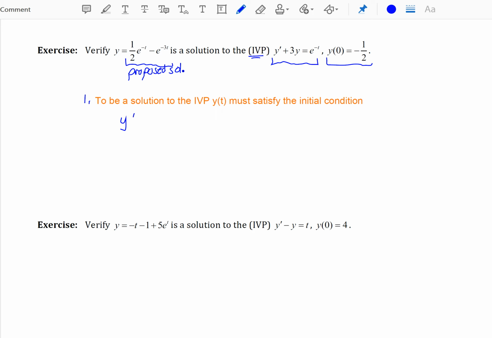Here we have y of 0 would equal 1/2 e to the negative 0 minus e to the negative 3 times 0. Remember, e to the 0 is always 1, so this will be 1/2 minus 1, which is negative 1/2. So check. This does at least satisfy the initial condition.